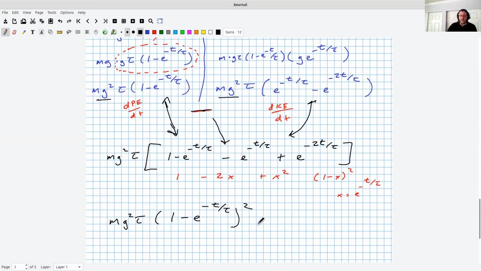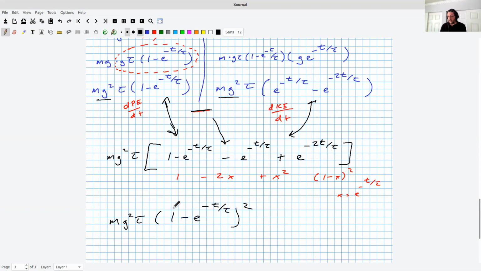And you can further see in here how we got the answer we got before for the long time limit. What's going to happen? Well, in the long time limit, this second term in here, the exponential, goes to 0 because e to the minus big number is 0. And then the only thing that matters is the mg squared tau.